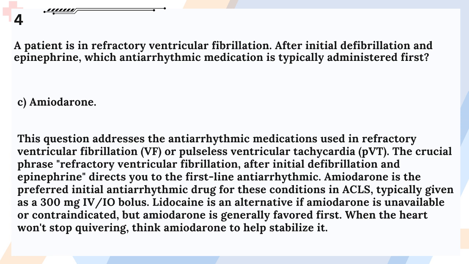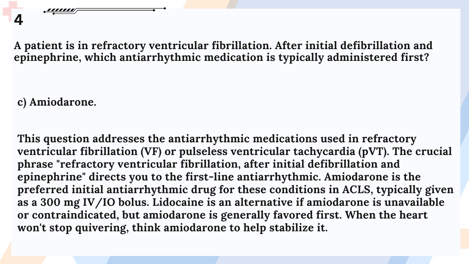Answer C. Amiodarone. This question addresses the antiarrhythmic medications used in refractory ventricular fibrillation, VF, or pulseless ventricular tachycardia, pVT. The crucial phrase refractory ventricular fibrillation, after initial defibrillation and epinephrine, directs you to the first-line antiarrhythmic.